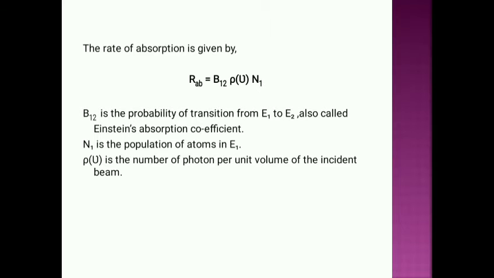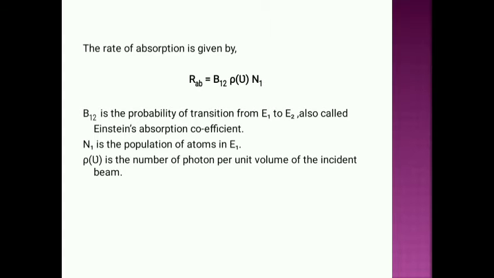And the rate of absorption is given by R_AB equals B12 into rho of nu into N1. From the equation, it is clear that the rate of absorption depends on two factors. They are rho of nu and N1.